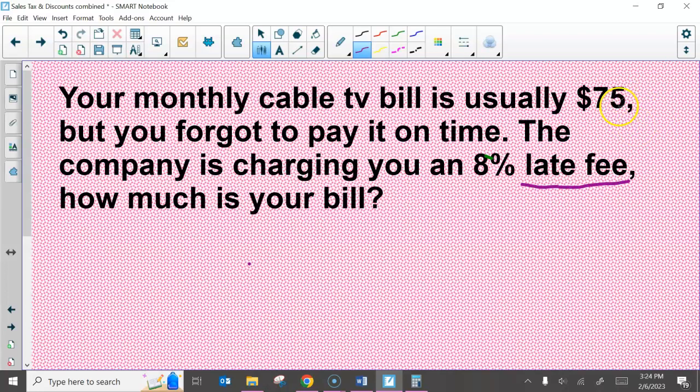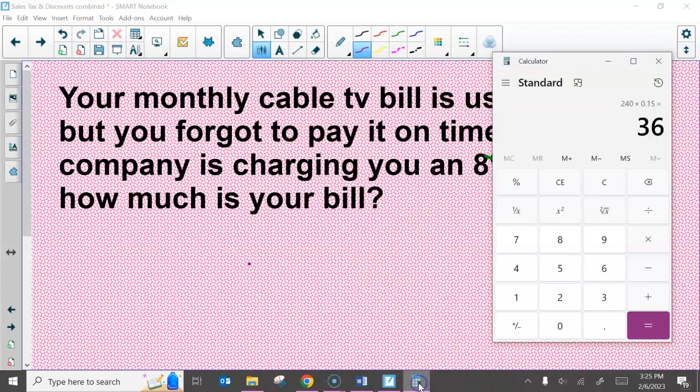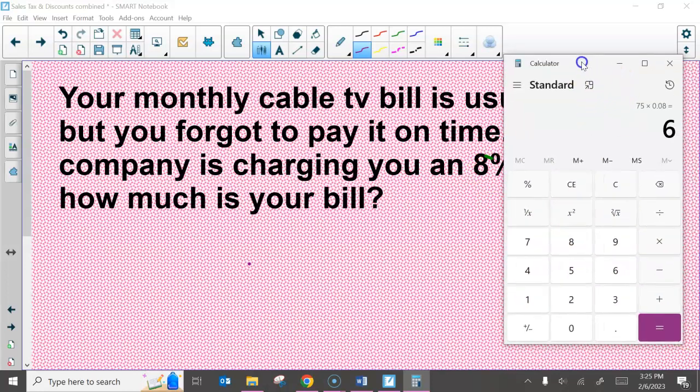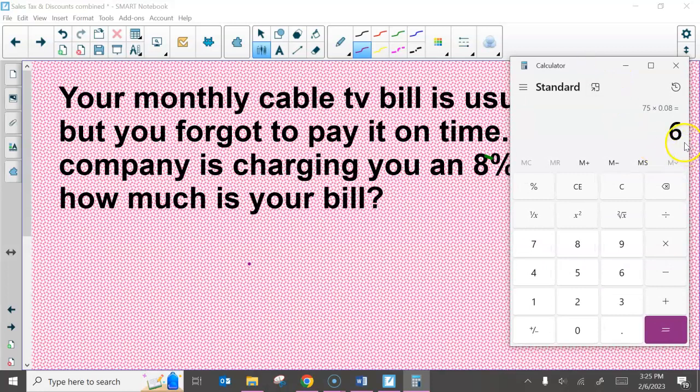Okay, again, but before we do that, we've got to figure this out. So let's bring up our calculator. All right, so the price was $75. So I'm going to take 75, and it is an 8% fee, so times 8%. So they are going to charge us an extra $6.